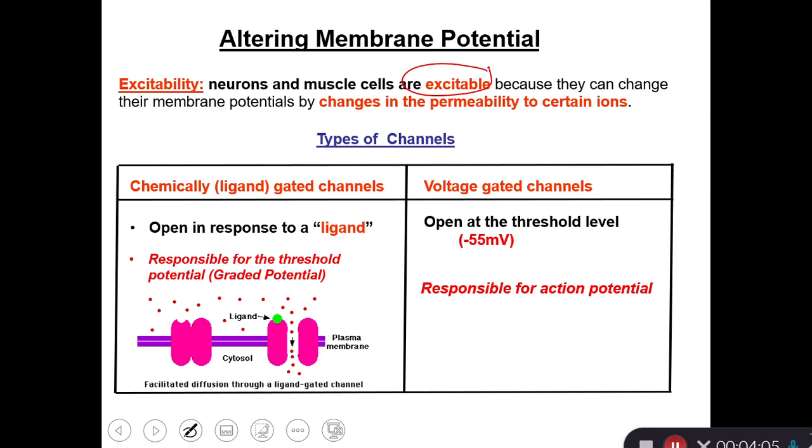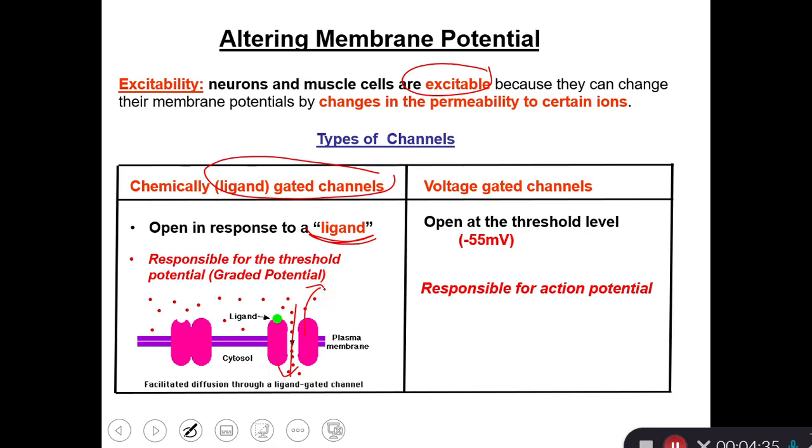The ligand-gated channels respond to a chemical, neurotransmitter, or ligand found in the synapse. This neurotransmitter or ligand opens up ligand-gated channels, leading to movement of ions in or out of the cell.